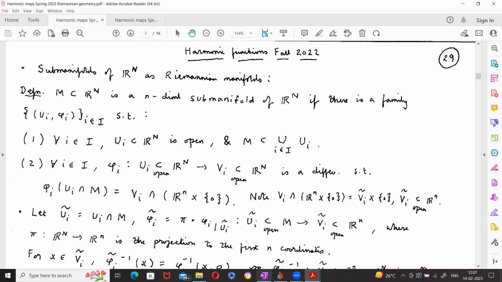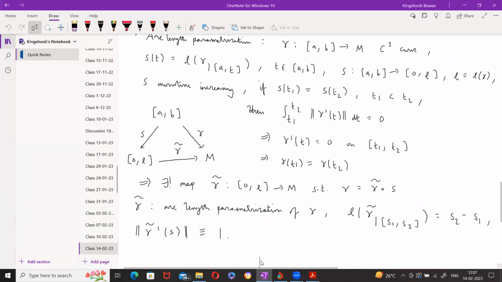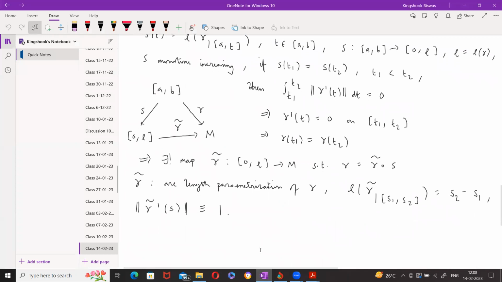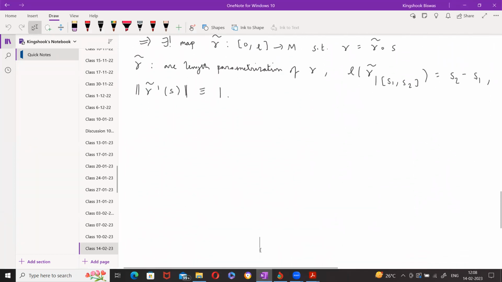Let me just draw a picture so that you see. So, submanifolds of R capital N as Riemannian manifolds.